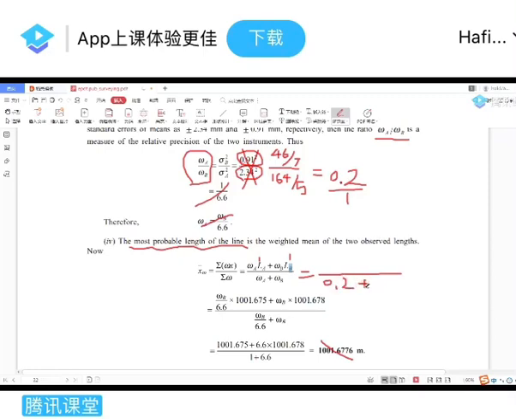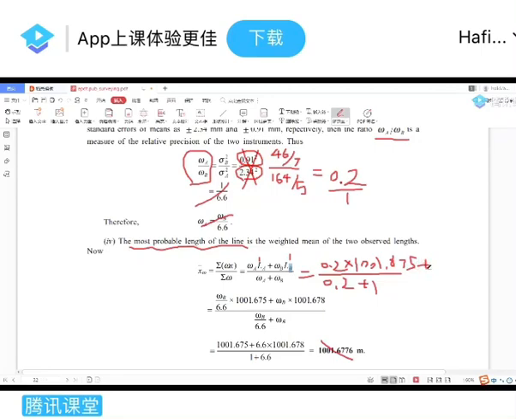Omega A is 0.2 times your XA. Here LA is your XA. So XA is 1001.675. Right?